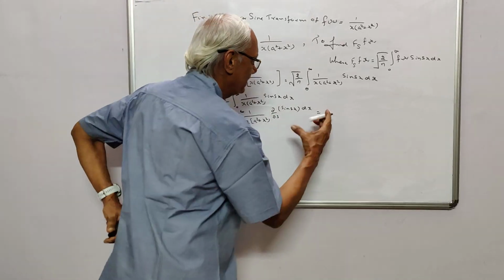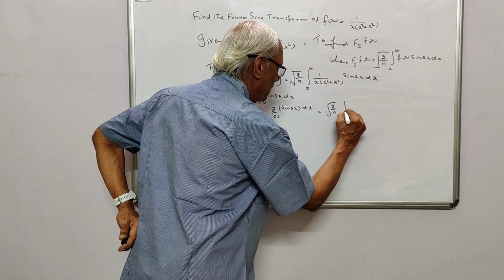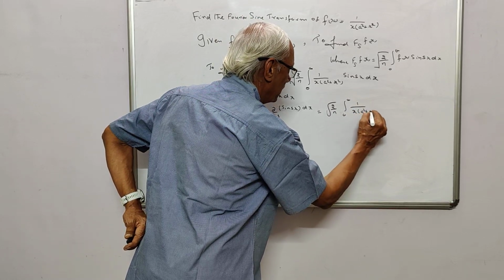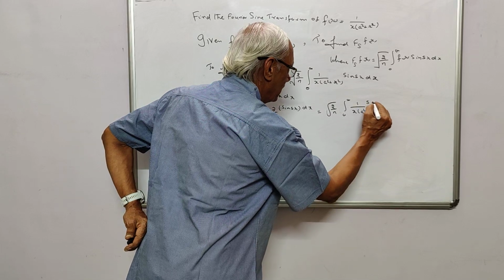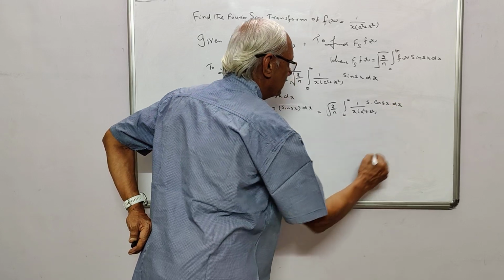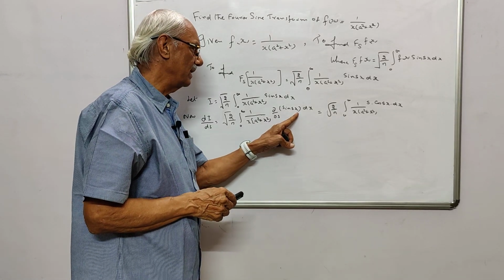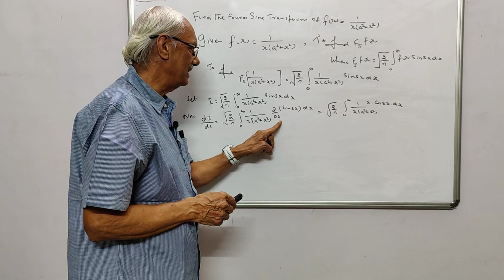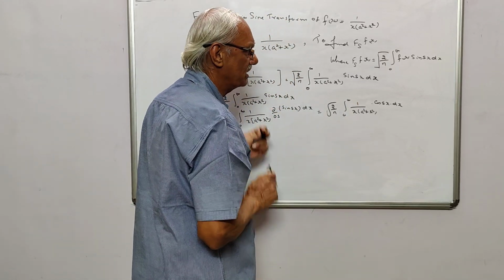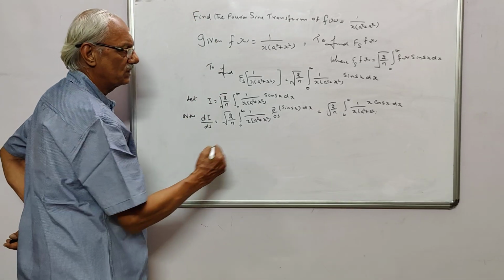So this is 2 by pi into integral 0 to infinity 1 by x into a squared plus x squared into cos sx into x dx. The partial derivative of sin sx with respect to s is cos sx into x, because you are going to differentiate with respect to s, therefore this is x. So this is what you get.